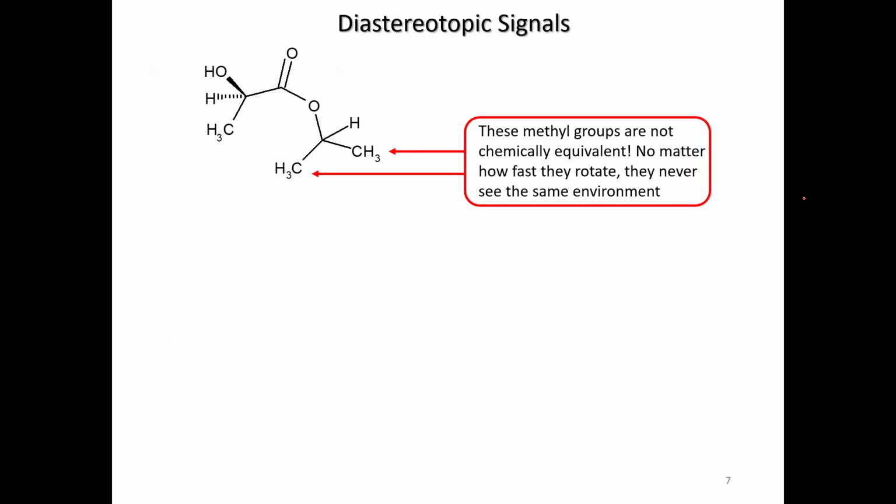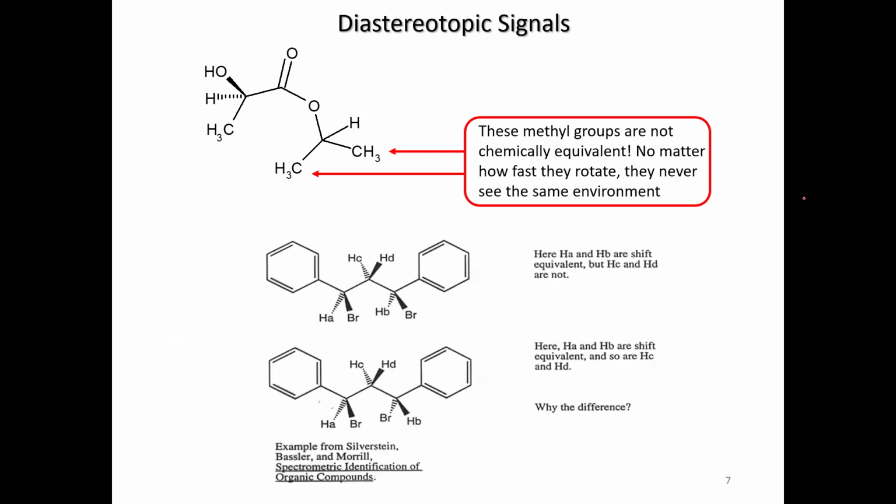If you have two next to each other, and you substitute one of those with something which gives you two chiral centers, they will be diastereotopic. For instance, these two. Look at HA, B, C, and D.